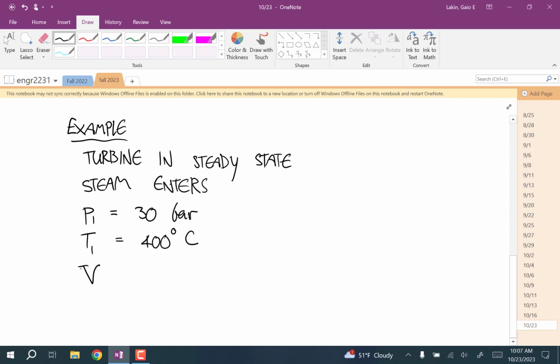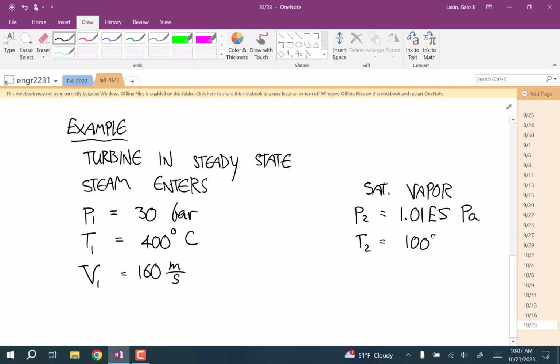And the speed at the inlet is 160 meters per second. And then at the exit, we have a saturated vapor. We're given a pressure of standard atmospheric pressure, 1.01 times 10 to the 5th pascals, a temperature of 100 degrees Celsius, and a speed of 100 meters per second.